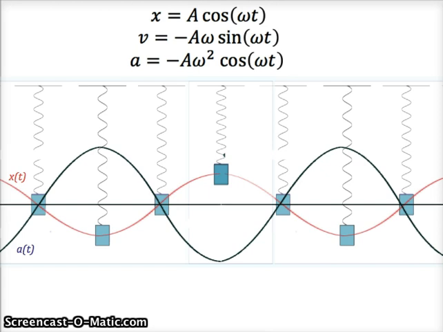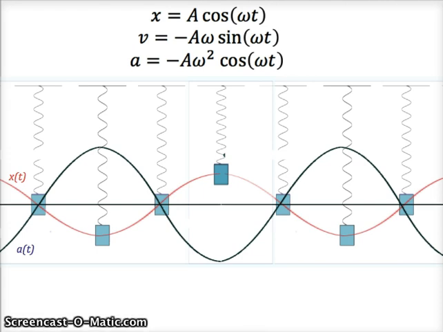So the important thing to notice here is that the cosine function that I started with for position, now I'm looking for acceleration as the opposite of that cosine. And it's a different size because it's a different constant number in front. But it follows the same period.